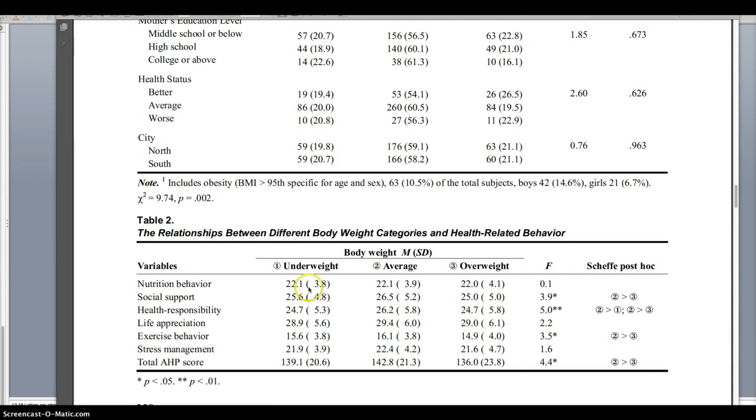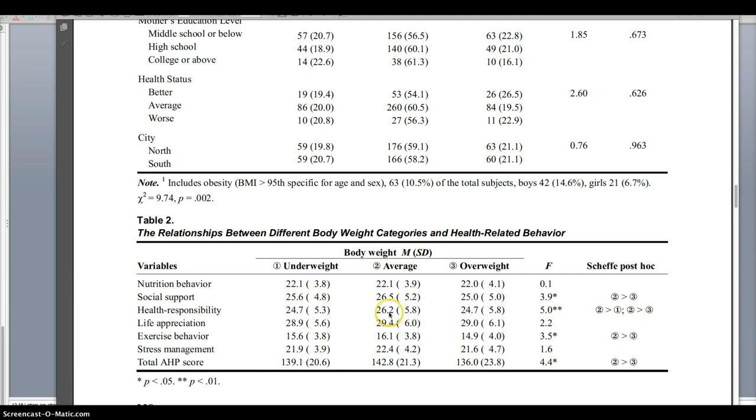In this article, and this is the one about obesity, they did it a little bit different. Here's the post hoc test that they used. And you can see that there's an underweight group, an average group, and overweight group. So here we can say that 2, 26.5, is greater than 3, 25.0, and significant at the 0.05 level.